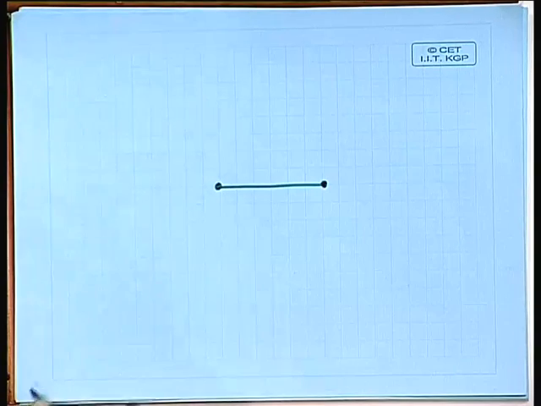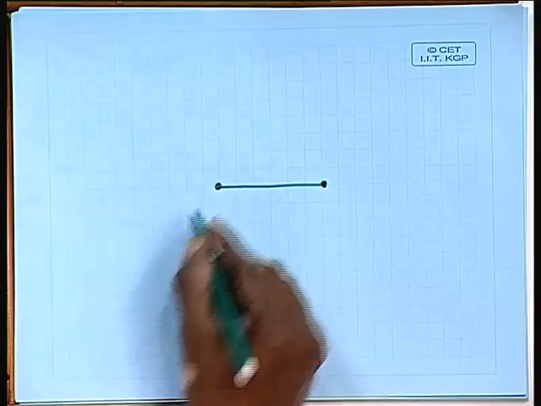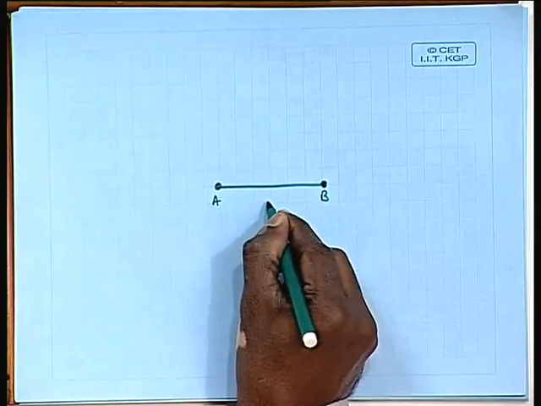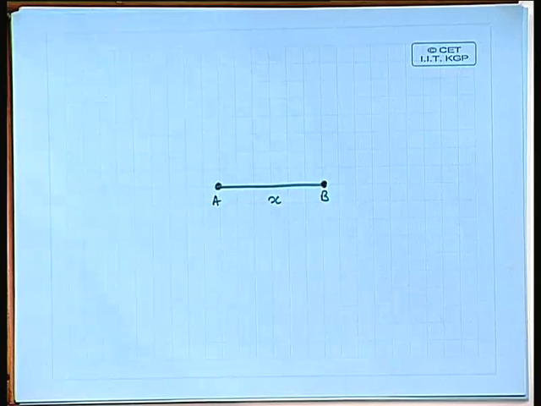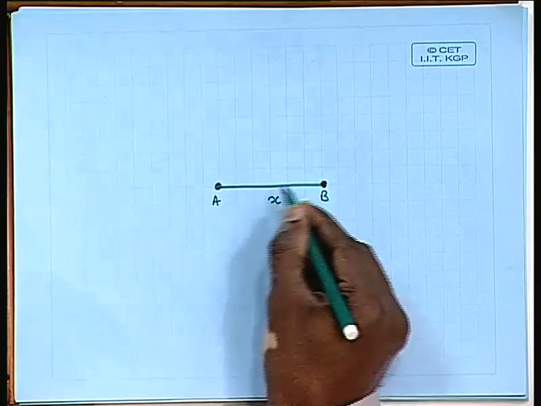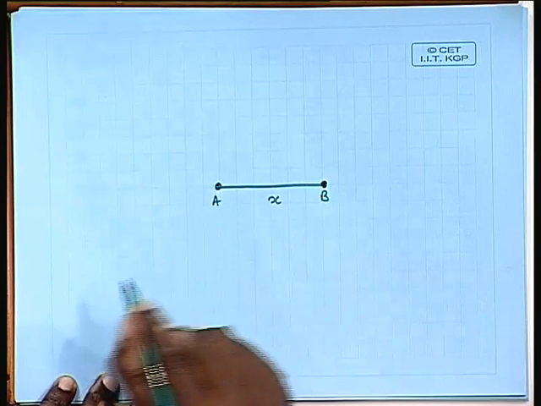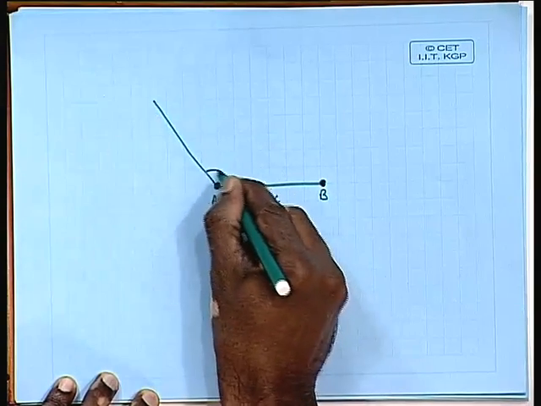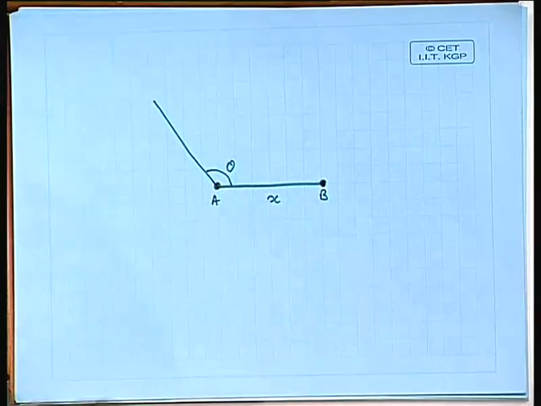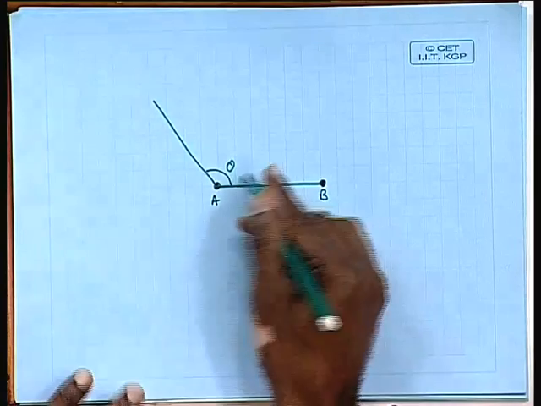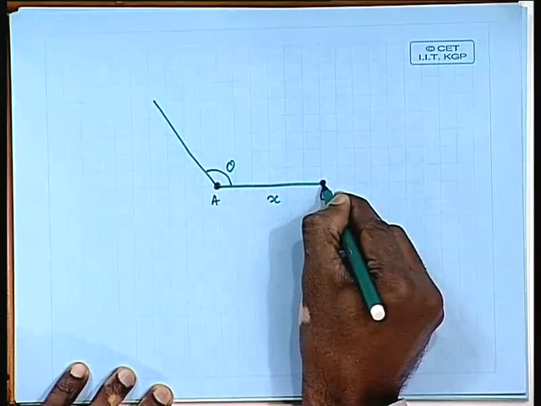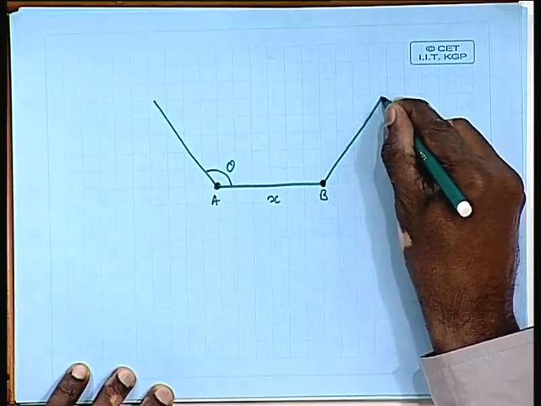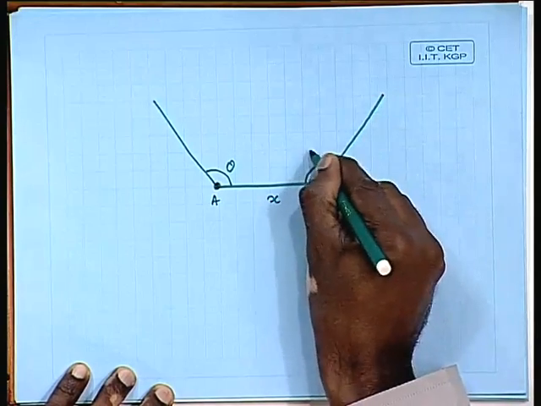crystal structure with two atoms here, let us say an atom A, another atom B here, the distance between these two, if you consider it as x, try to rotate this B with respect to the A by certain angle theta, and similarly rotate A with respect to B by again the same angle theta.